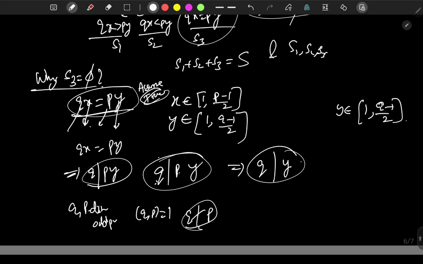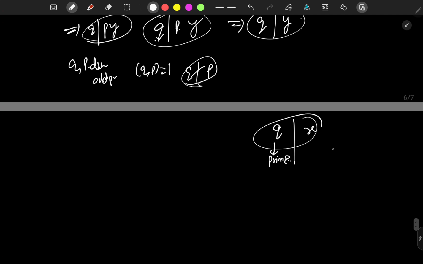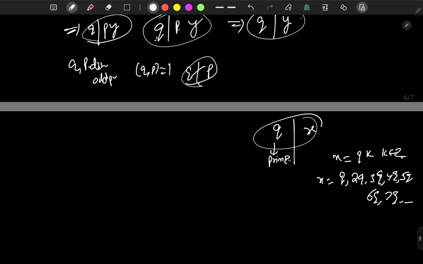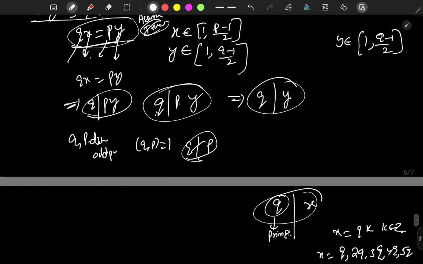We know that q is a prime number, so a prime number can divide only its multiples. If I write q into some k belonging to Z, what are the possible values? q, 2q, 3q, 4q, 5q, 6q, 7q, and so on. A prime number can divide only if q is a factor of that x, if q is a divisor of x.